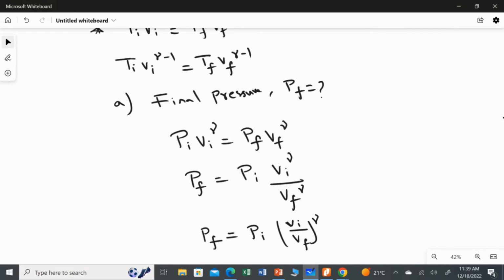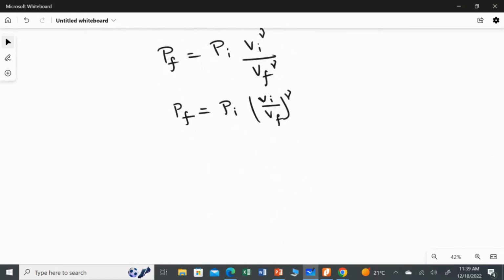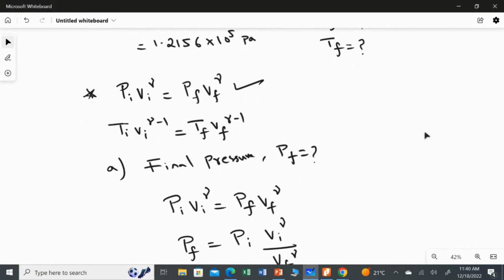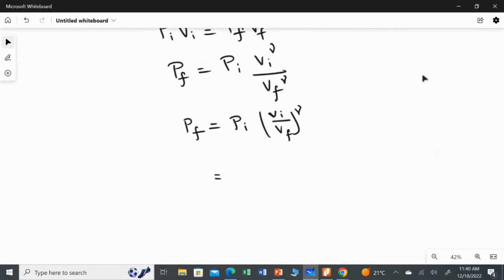Okay, now I'm going to substitute the values here because we have all the data in the question. Let's substitute one by one. What is the pressure they give? 1.2 atm, which when converted into Pascal is 1.2156 times 10 power 5. This is our initial pressure in terms of Pascal. Multiply with Vi over Vf.